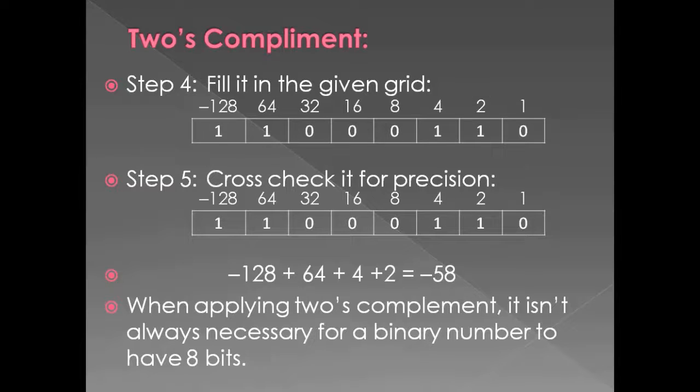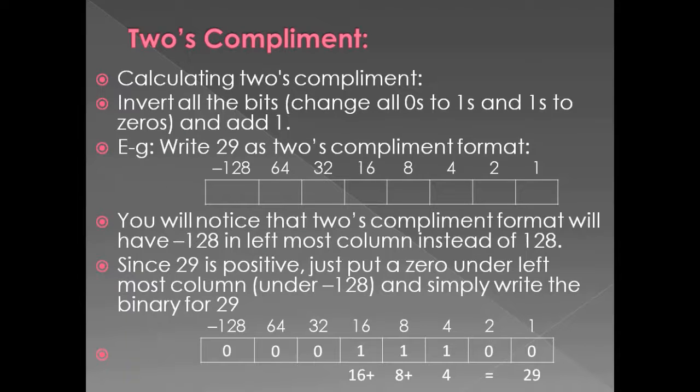In the Cambridge exam, you will be given a grid like this, and if the leftmost bit is negative, it has a negative value. The examiner is going to give you these values as well, whatever it is, minus 64, minus 32, minus 128, minus 256. So just remember that you have to represent the given number in 2's complement format and not in plain binary.